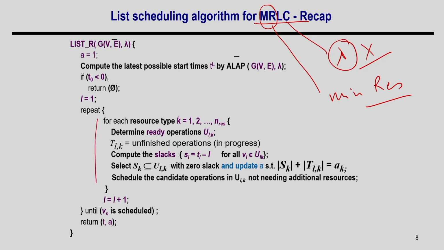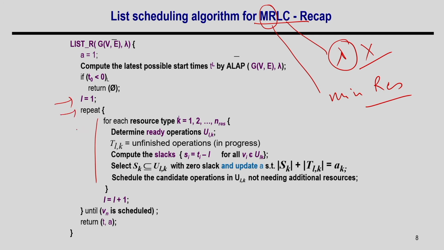Whenever I find certain operations become very critical, so that if I do not schedule this operation in this timestamp then it won't support the latency bound, I may increase the resource and schedule this operation there, otherwise I do not. And if in some timestamp there are some resources available, I am always going to schedule operations if they are not critical. So, I start again from timestamp 1.